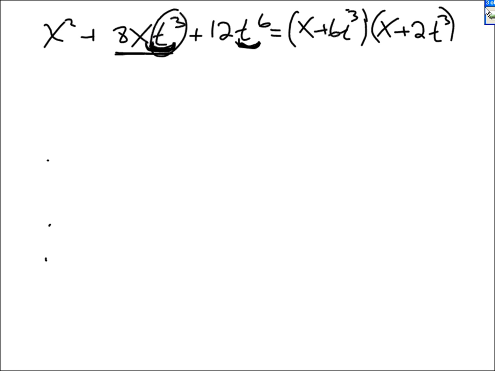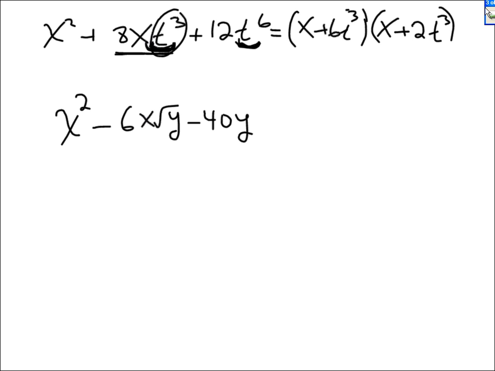So, if you have, say, x squared minus 6x square root of y minus 40y, the order doesn't matter. You have x squared, so you think the only variable should be x, but it isn't, you see y's.